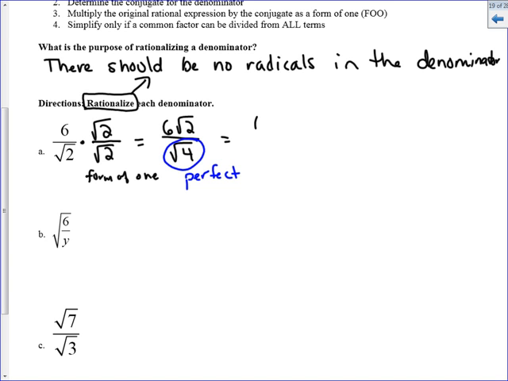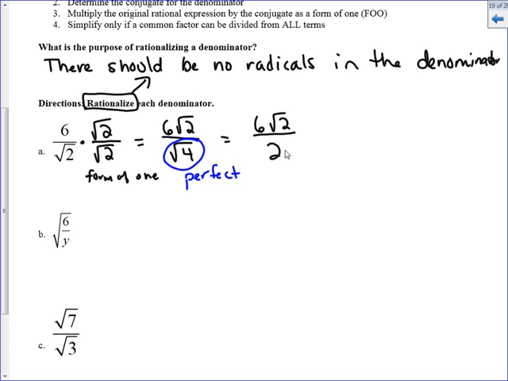So when I simplify, I have 6 square root of 2 over, what's the square root of 4? 2. Now just the number 2. Remember, it's perfect, so it loses its square root. So we've accomplished our goal of rationalizing. If I look at my denominator, there's no more radical.